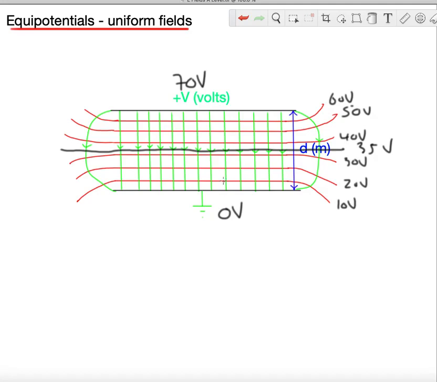So equal steps, equal distances. So as you would expect, the potential difference between here and here varies linearly as you go up. 10, 20, 30, 35, 40, 50, 60, 70 volts. So there you have your equipotentials in a uniform electric field. Again, no work done in moving along an equipotential.